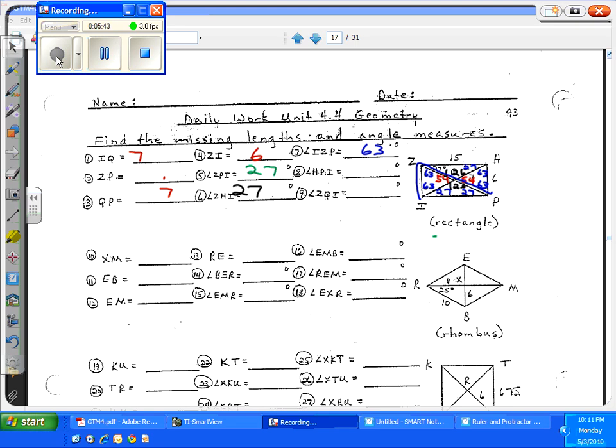HPI, from H to P to I, is that whole angle, which is 90 by definition of a rectangle. And then angle ZQI, from Z to Q to I, was that angle in there, which was 54 degrees. Okay? And so it's good if you'll go ahead and solve the whole picture and then answer all of those questions individually. Okay?